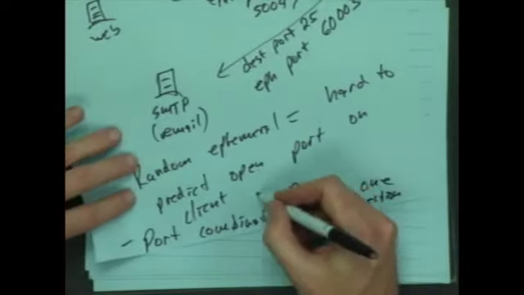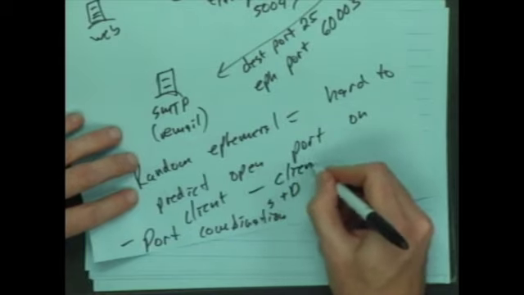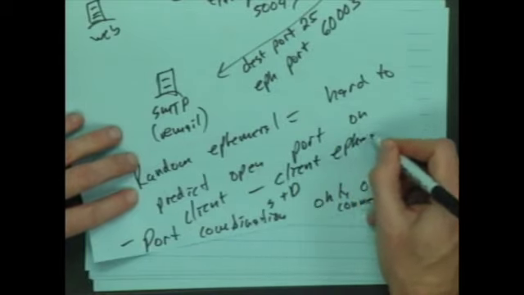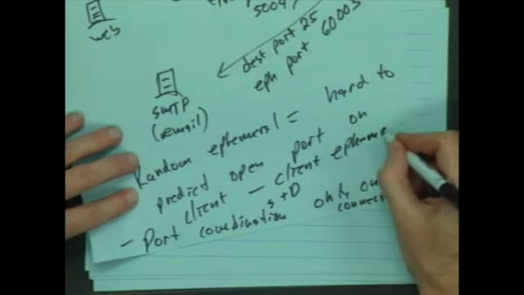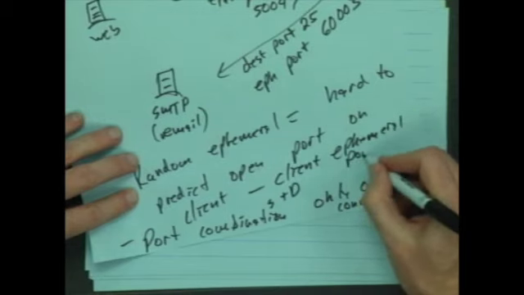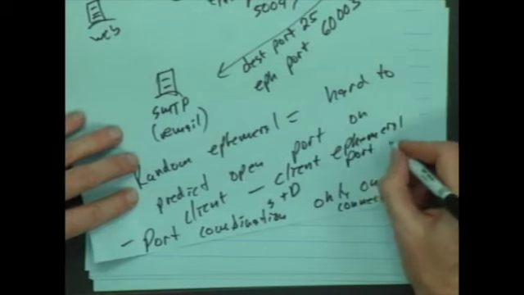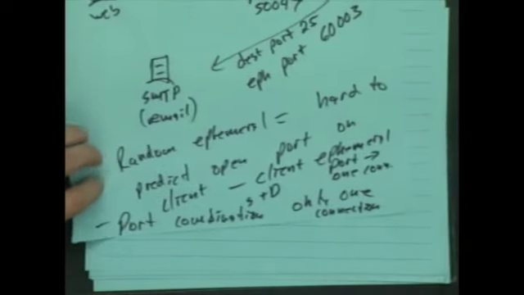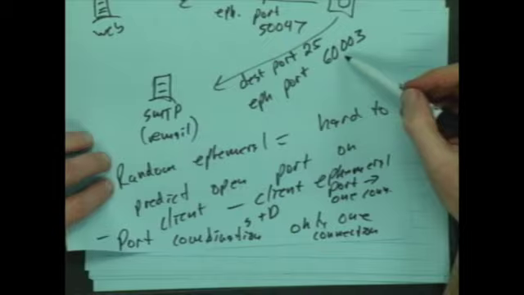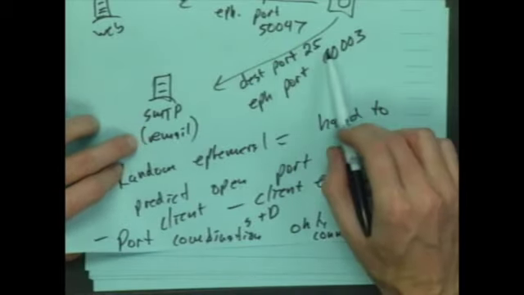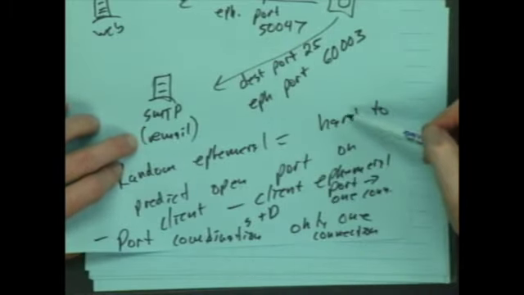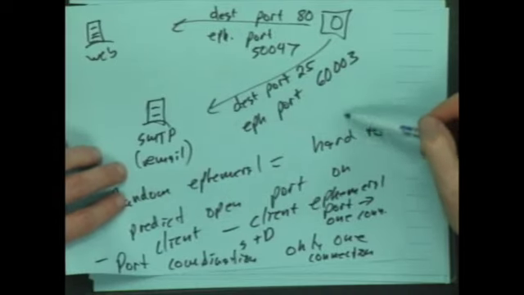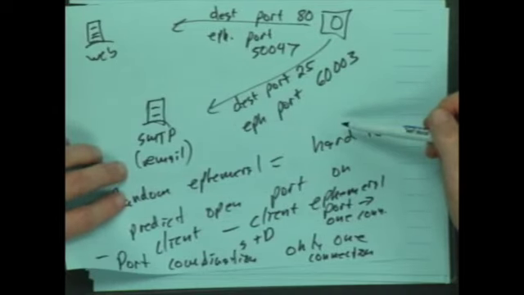And also on the client, an ephemeral port is only used for one connection. Okay? So if I choose 60003, that's only for this connection to this email server. If I'm going to connect to something else, I'm going to pick a different new random number for this.